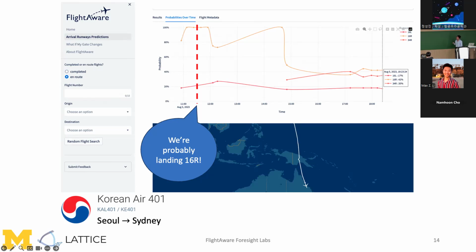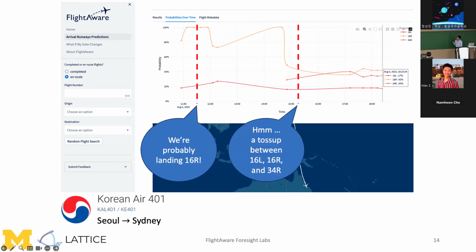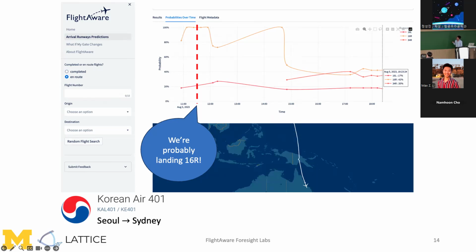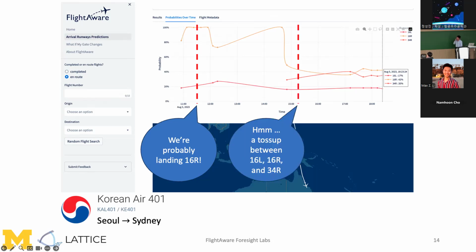This is a pretty confident prediction several hours before landing. But as we get closer and closer to landing, we see that there starts to be a bit of a divergence. There starts to be a likelihood of also landing on 34 right. 34 is north facing, a 340 degrees magnetic heading.